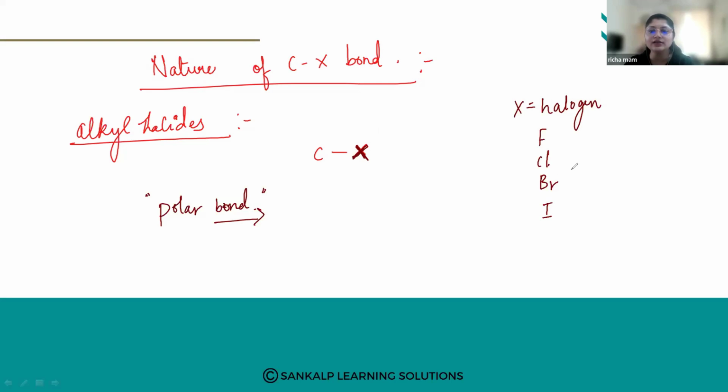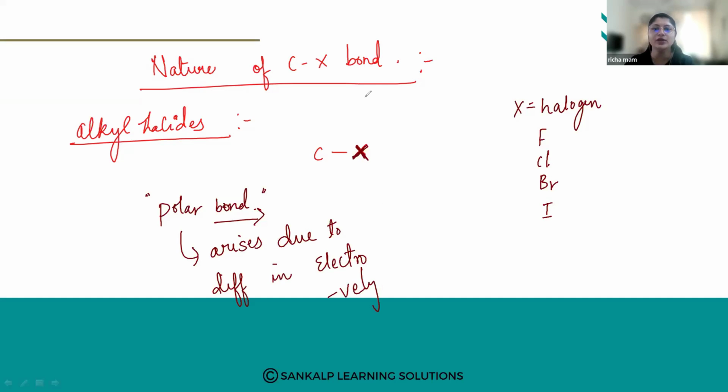So these are the halogens. As you know, halogens are highly electronegative. Polar bond arises due to difference in electronegativity.